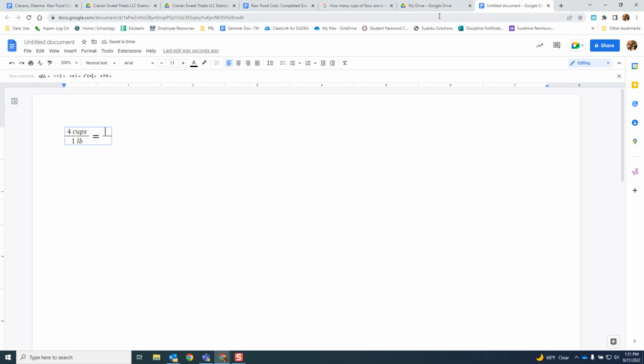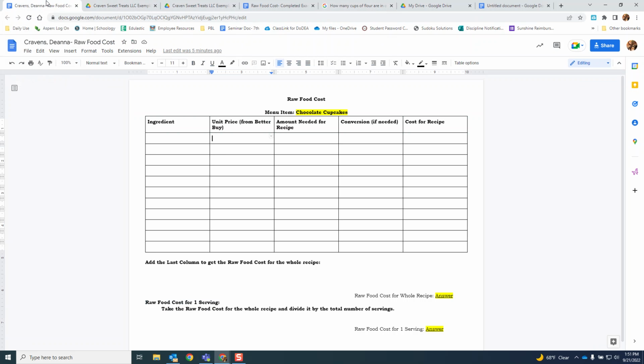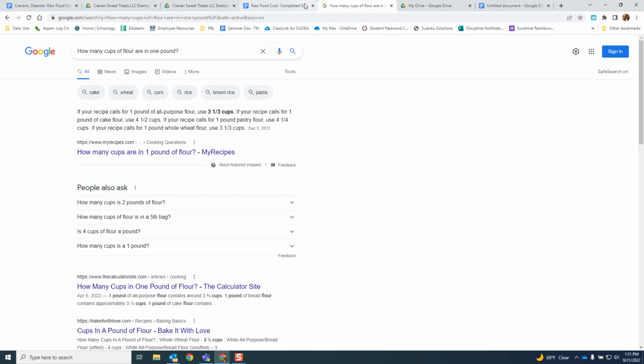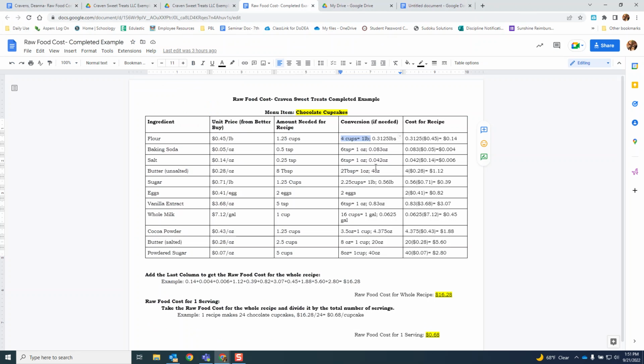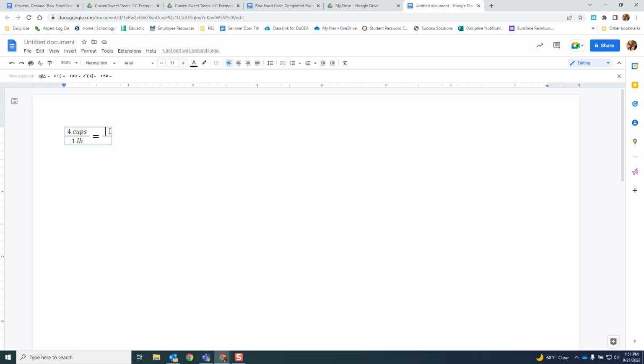Now I'm going to set that equal to, in my particular recipe, I needed 1.25 cups. So I'm going to line that up. Cups was in the numerator, so I have 1.25 cups. And then I'm solving for how many pounds I need, so I know how much it's going to cost. So I'm just going to call it X.